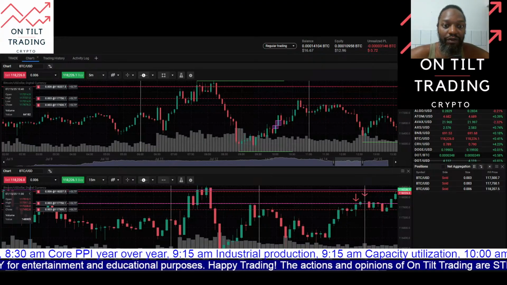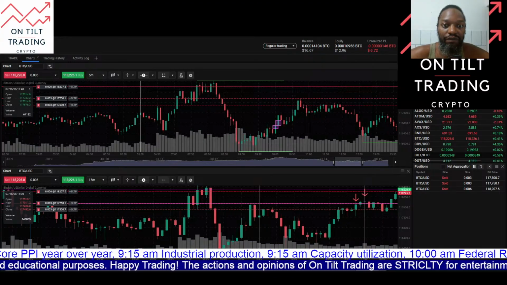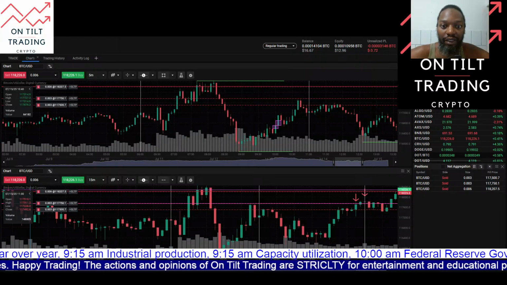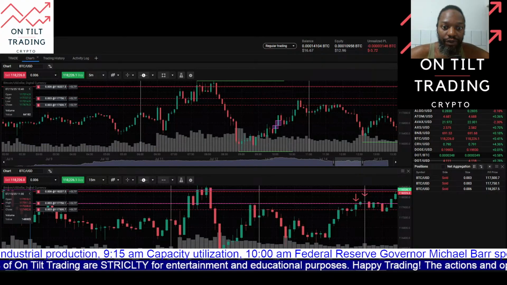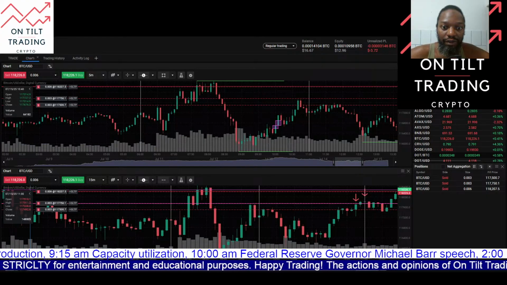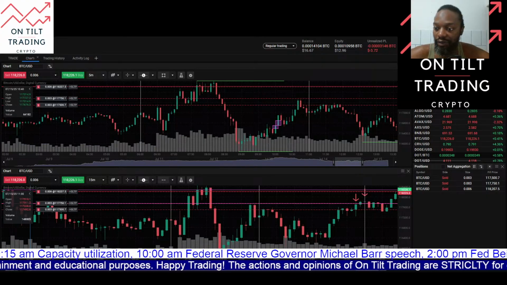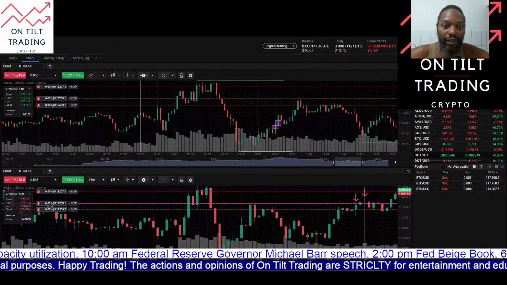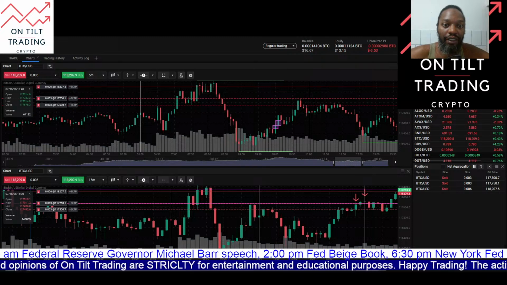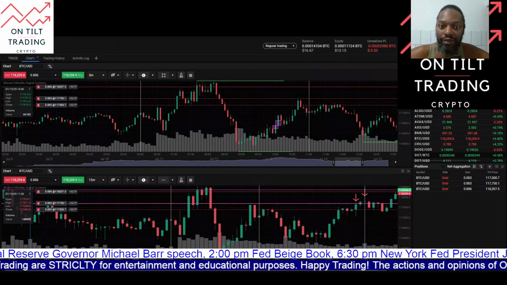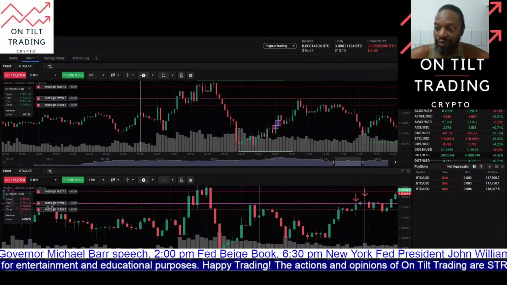So this whole area creates a liquidity void in this area. Also, there's a liquidity void down here in this area as well. And then there will be buy-side liquidity located just above this area as well.